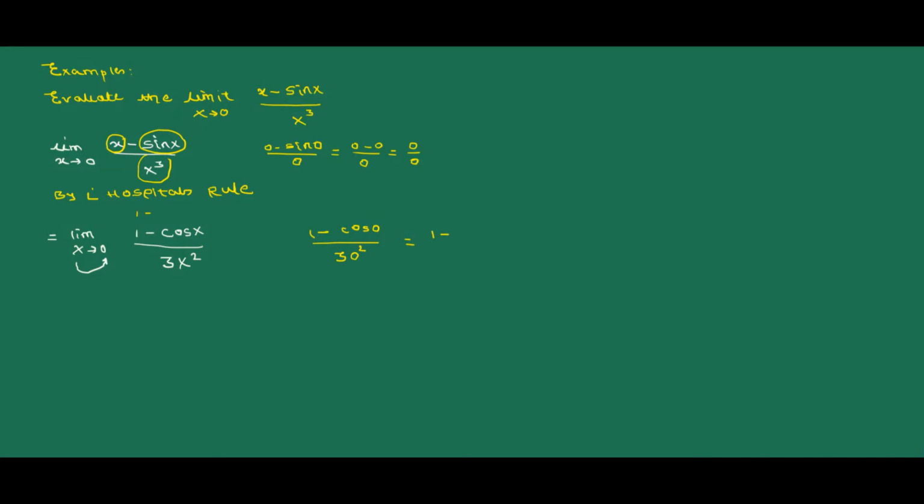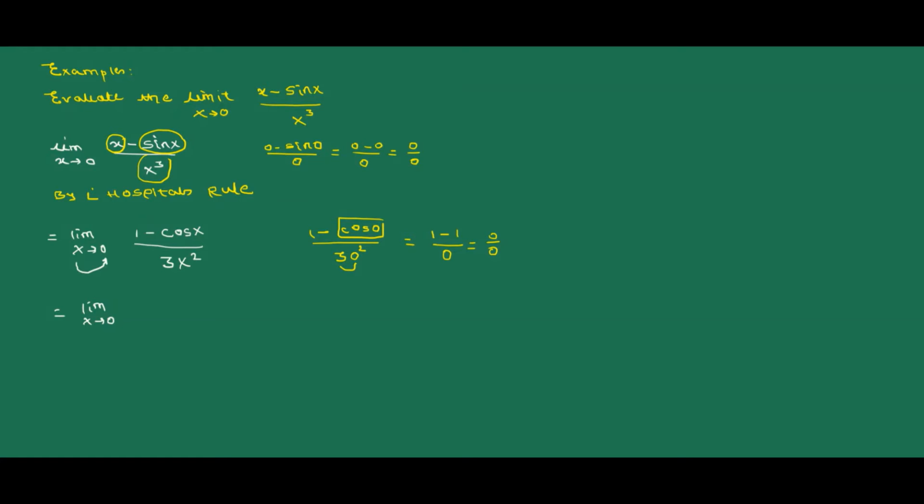If you simplify this, what will you get? 1 minus cos 0, and cos 0 is equal to 1, divided by 3 into 0 square, which is 0, and this is again in the form of 0 divided by 0. So next again we have to use L'Hospital's rule. Limit x tends to 0.